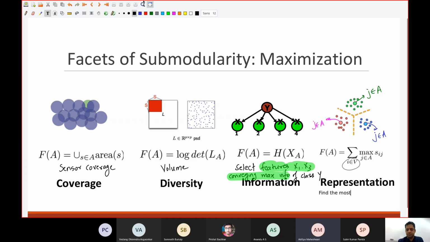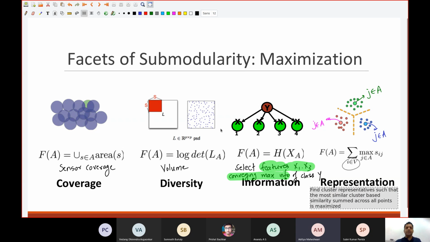Or rather, find cluster representatives such that the most similar cluster-based similarity, summed across all points, is maximized. I'll see each of these a little more carefully, but this is just to give you an idea.